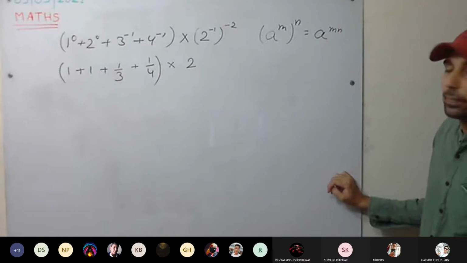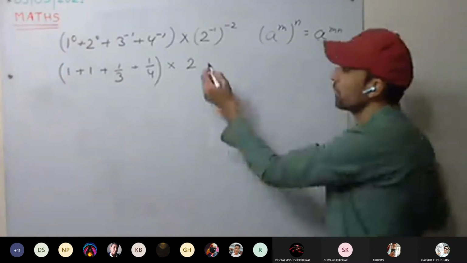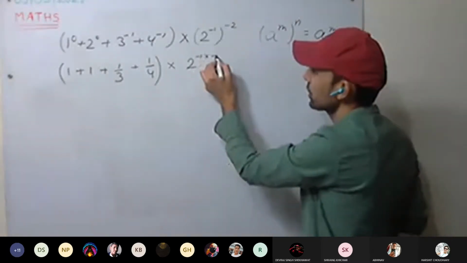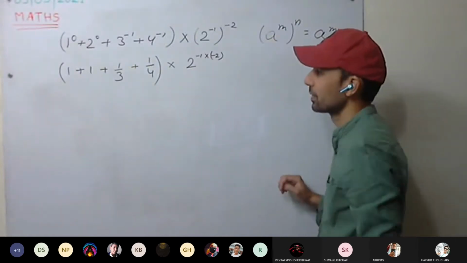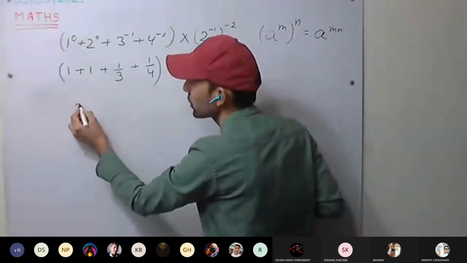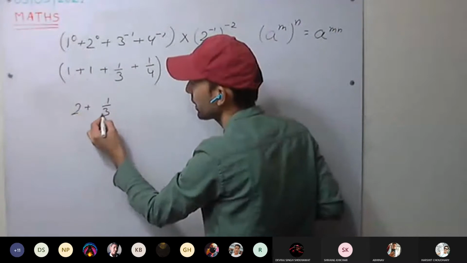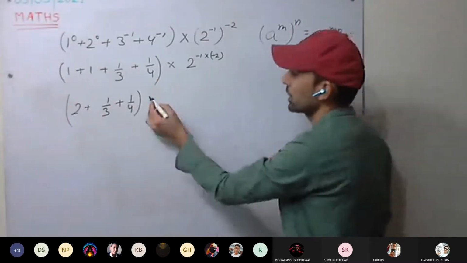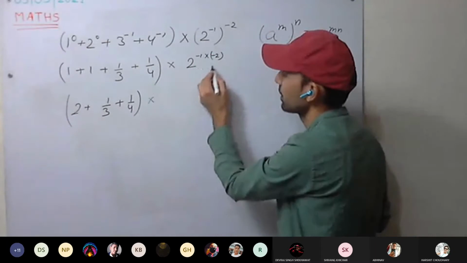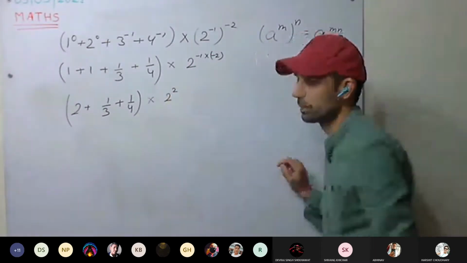A raised to power m into n. So it will be how much? Minus 1 into minus 2. It will be how much? 2 plus 1/3 plus 1/4. Don't skip the steps or mistake will take place. 2 raised to power 2.